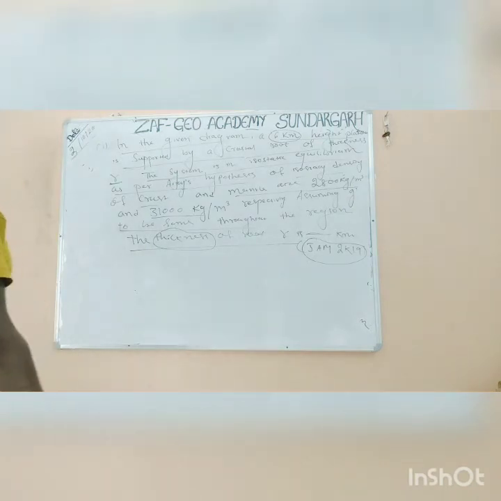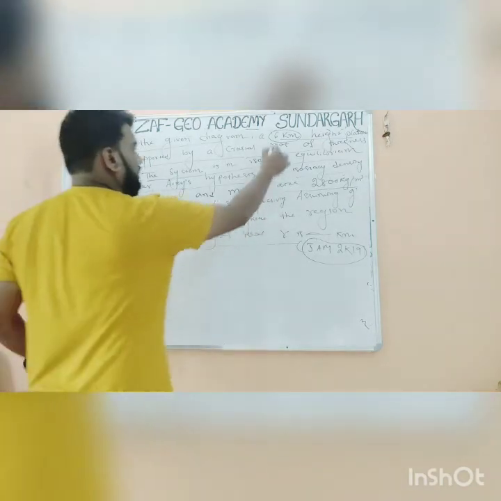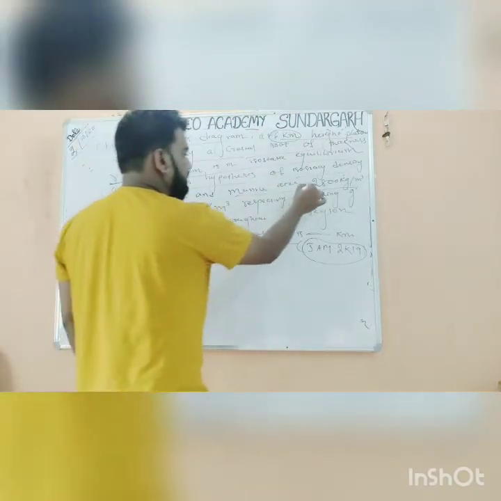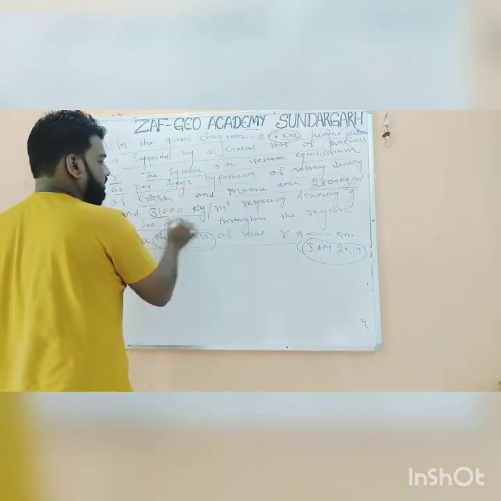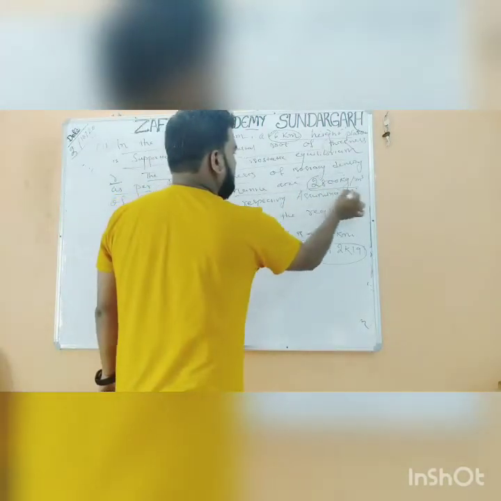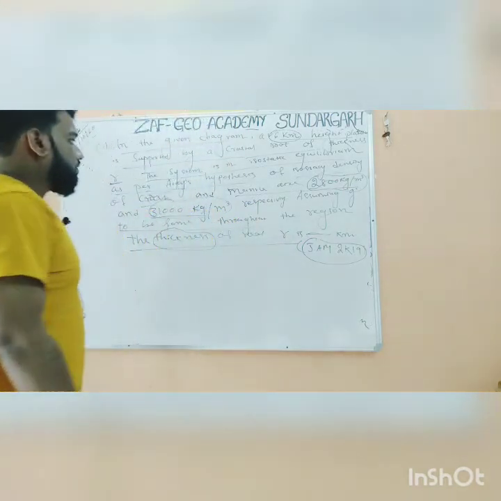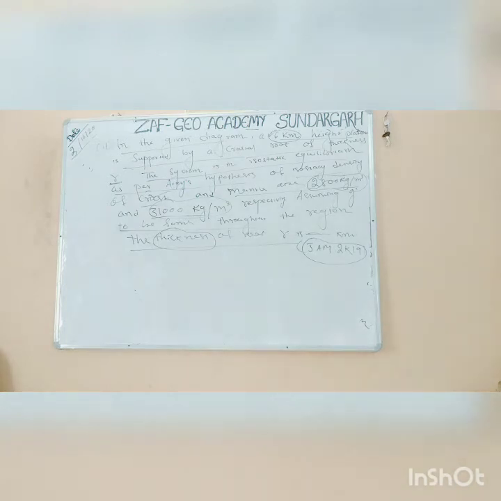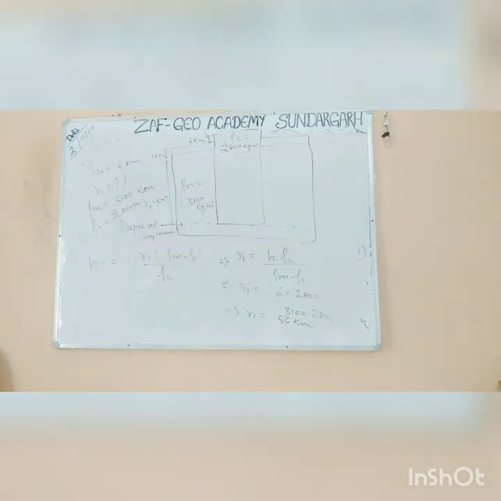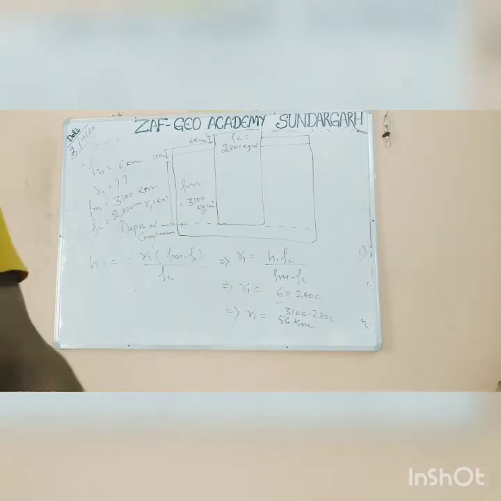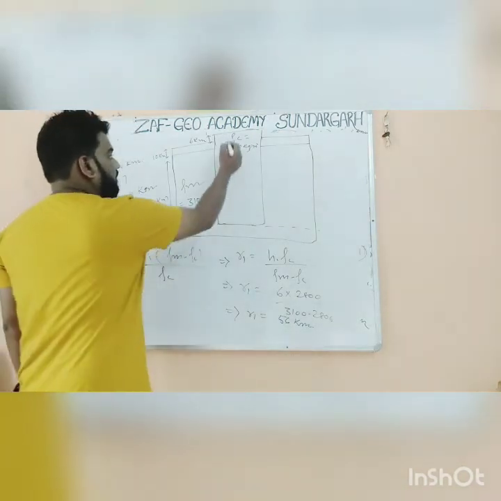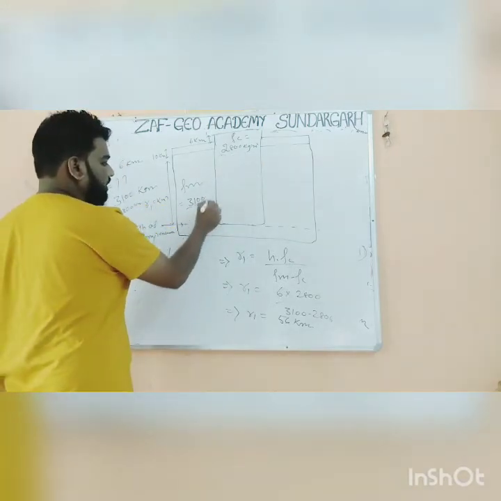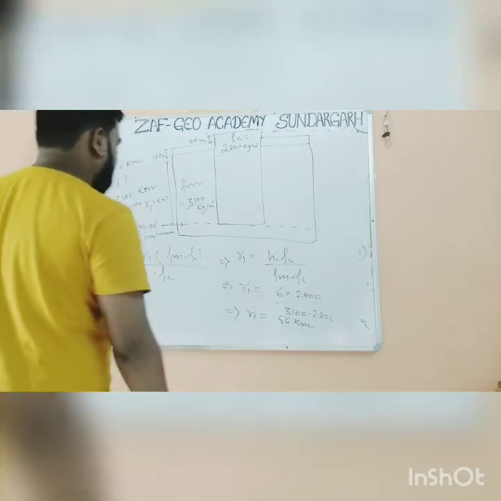Now look here at what data he has given. The height is given, the density of crust is given, and the density of mantle is also given. Now we are going to solve this problem. I have mentioned it wrongly: the density of crust is 2800 kg per meter cube and the density of mantle is 3100 kg per meter cube.